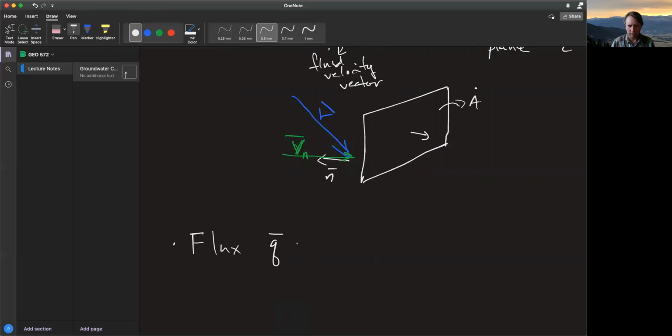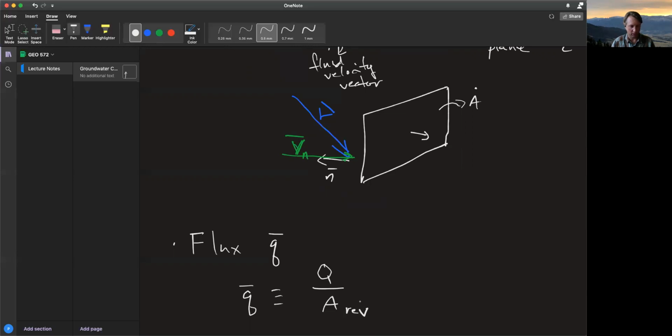We're going to define little q as the total discharge per unit area. And this area is the area of the representative elementary volume.